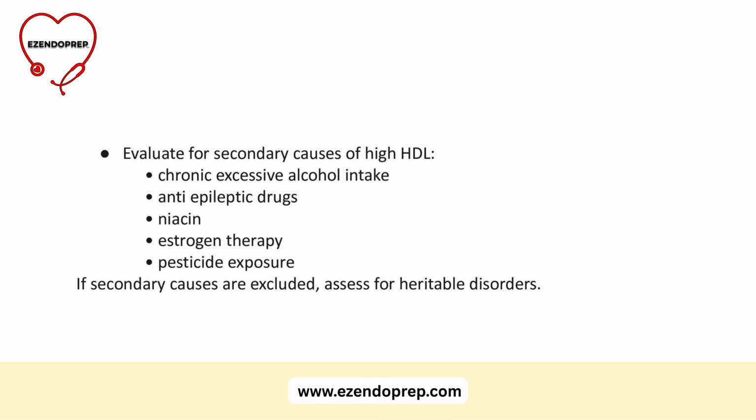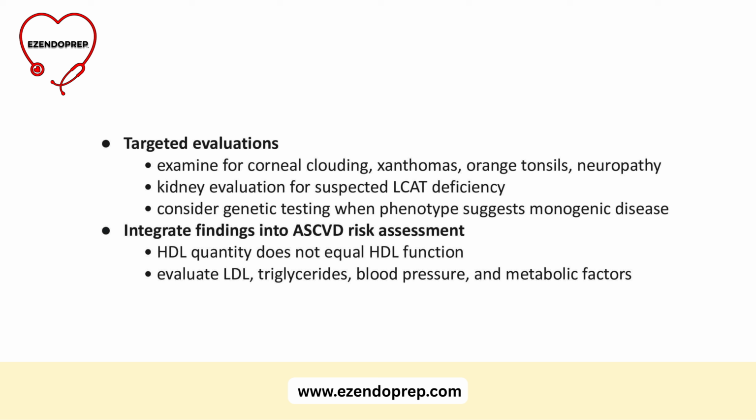Assess for syndromic features suggestive of genetic etiology. Findings such as corneal opacities, orange tonsils, neuropathy, xanthomas, or renal dysfunction should prompt suspicion for monogenic defects, most notably Tangier disease or LCAT deficiency. A note about Tangier's disease, I heard a mnemonic that stuck with me: orange tonsils, tonsils like a tangerine, are seen in Tangier's disease.